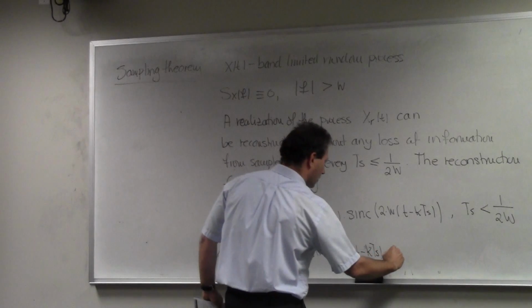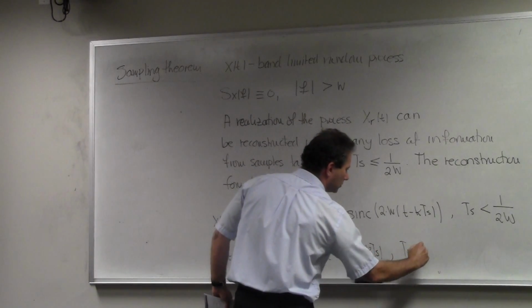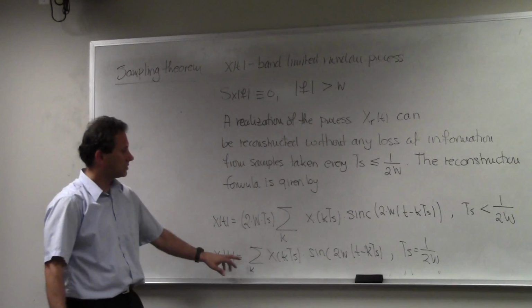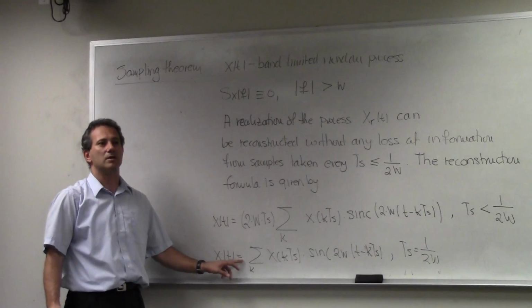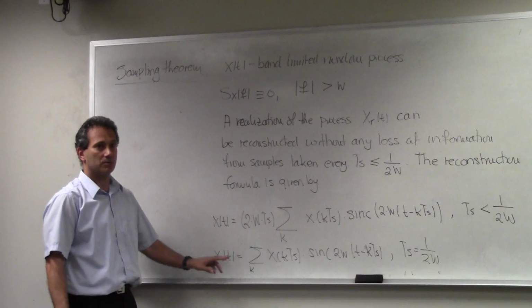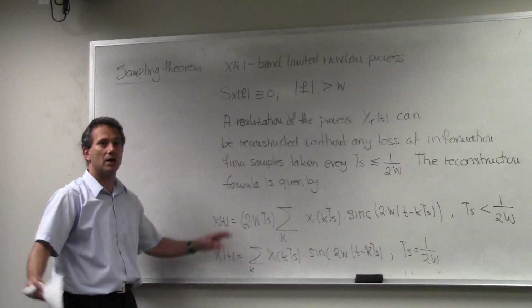And this is true for T_s equal to 1 over 2W. This is, of course, Nyquist sampling at the smallest possible rate. The distance is the largest it can be.